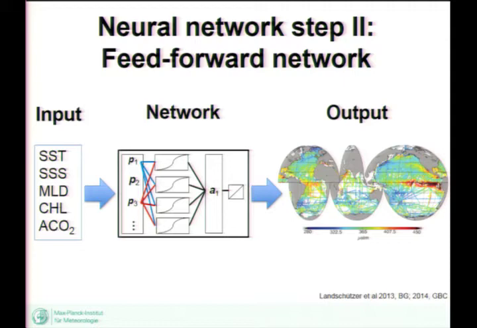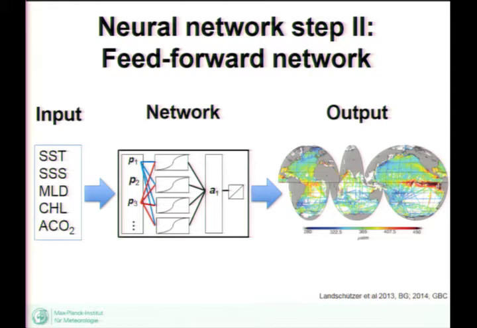And this is a so-called feed-forward network. To make it simple, for those who are familiar with regression models, the principal idea is the same. We have a set of inputs, and we try to establish a function to link them to the output, which is, again, our observations from the database. But instead of a general linear regression model, we use a non-linear regression method.